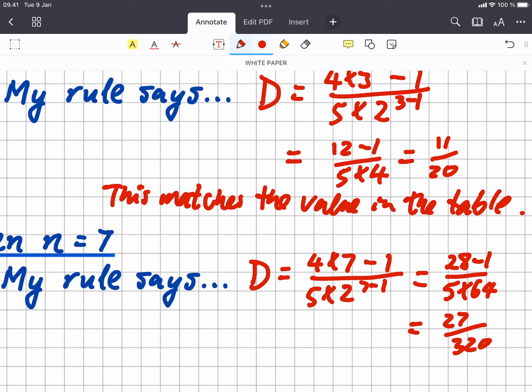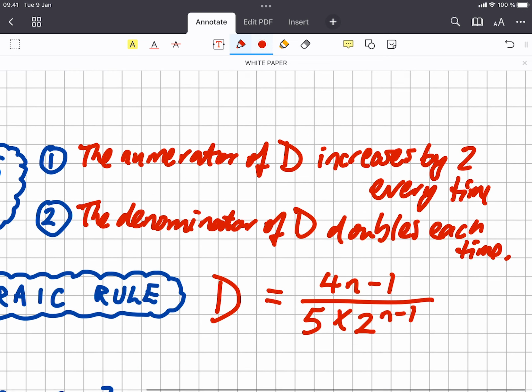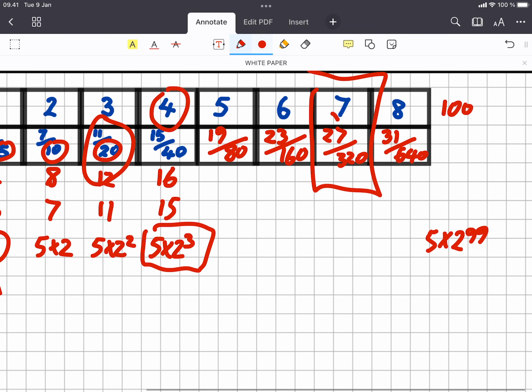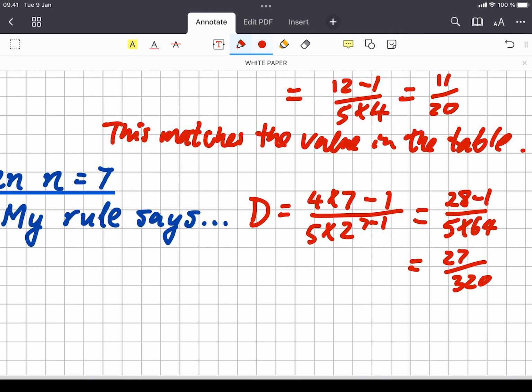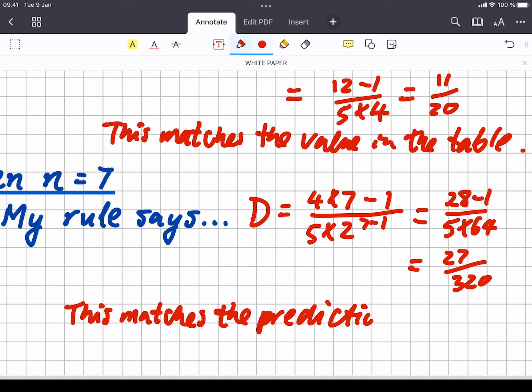So when n equals 7, my rule says that D should be 27 over 320, and that matches my prediction in the table, and with that good clear comment, we should be good for most of the marks in a relatively short time.